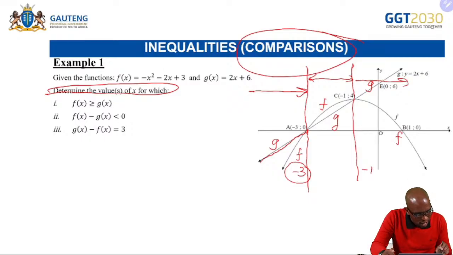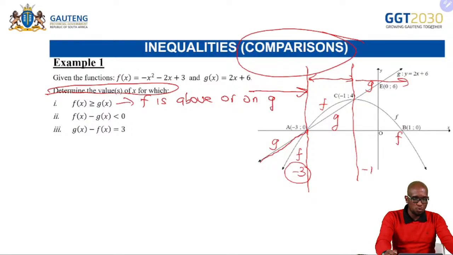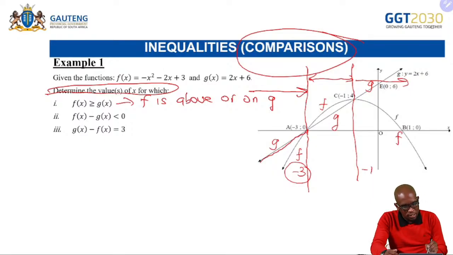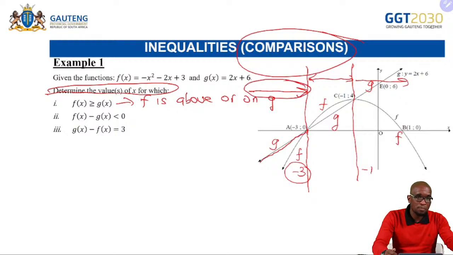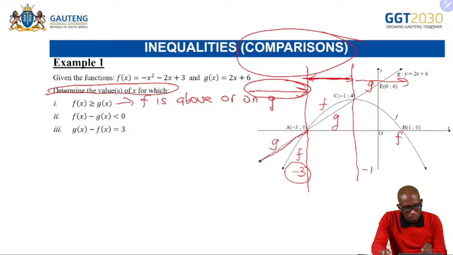Remember here we want where F is above or on G. We want where F is above or where F is exactly at G. So we started with this region from -infinity to -3, and we don't find a solution.